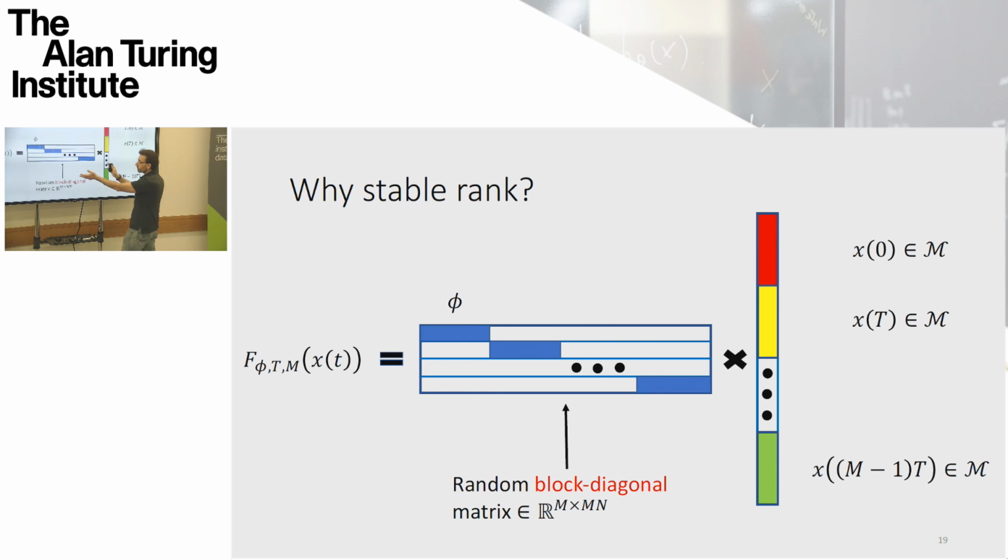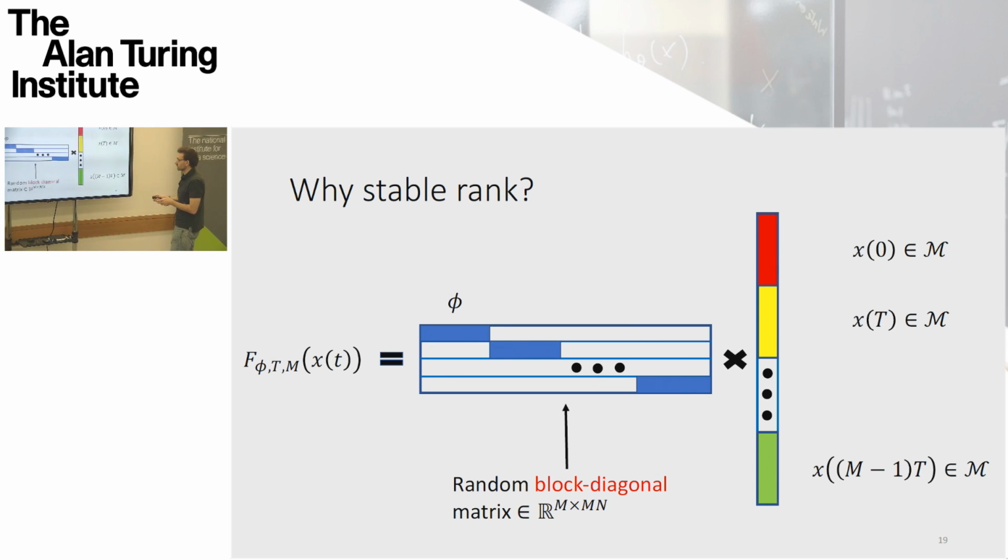Whereas before we had a full m by n Gaussian matrix, for example, now we have a matrix with plenty of zeros, so it's much less random. And the price we pay for this reduced randomness is having a stable rank, which is a weaker thing than just having m itself.